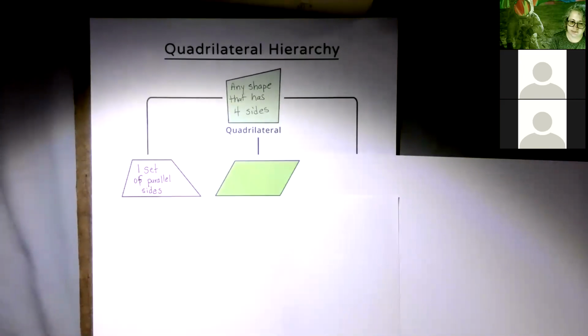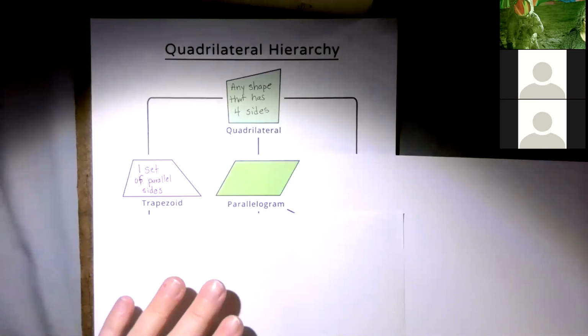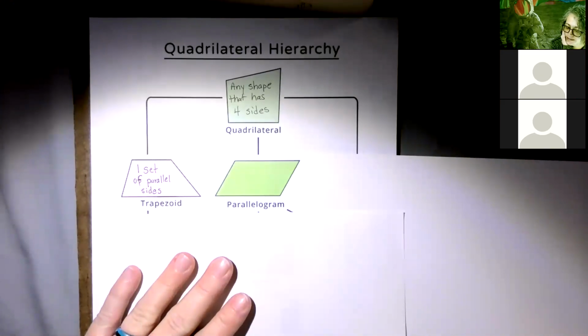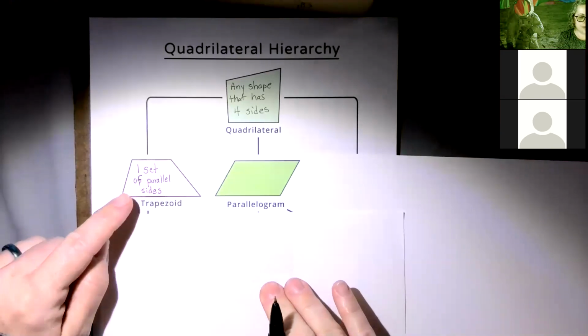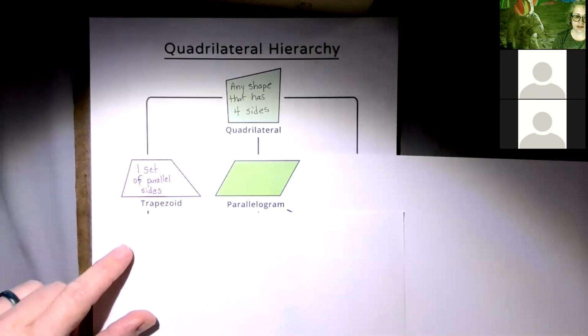What do you call this one? A parallelogram. Let's check and see. Yep, a parallelogram. Now, how would we describe a parallelogram? Look at what we said about the trapezoid. It's got one set of parallel lines. Notice this one's called a parallelogram.